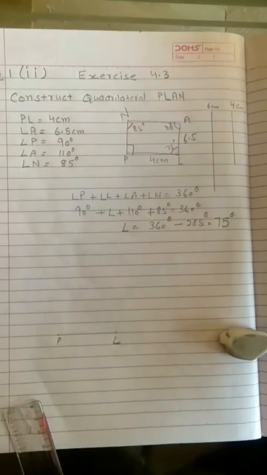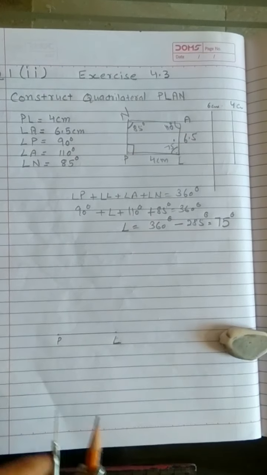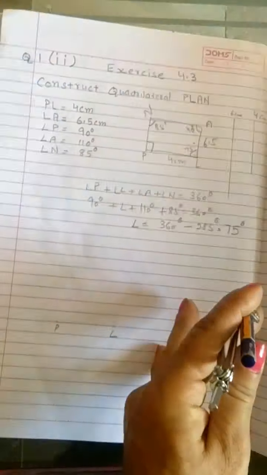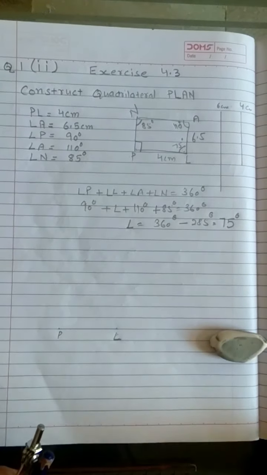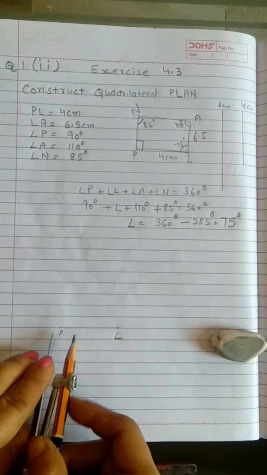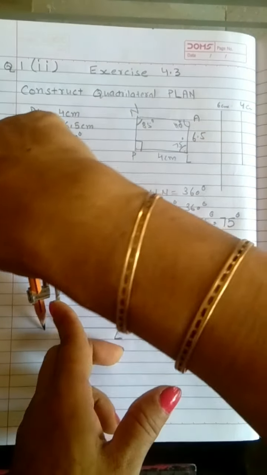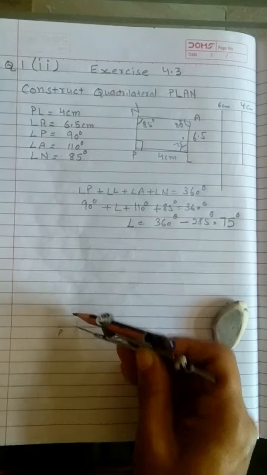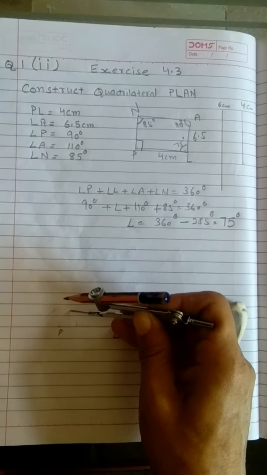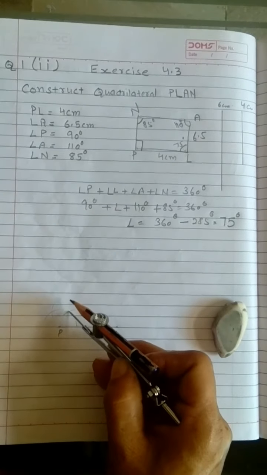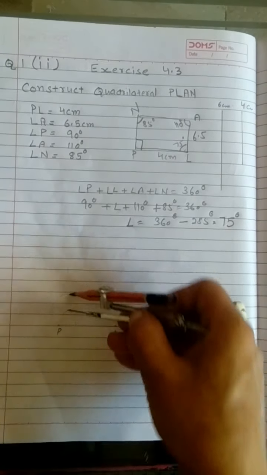So now at P we will draw a 90 degree angle. You know how to draw a 90 degree angle. You have learnt it in your 6th and 7th class. 60 degree, 120 degree, and 90 degree angle between 60 and 120.